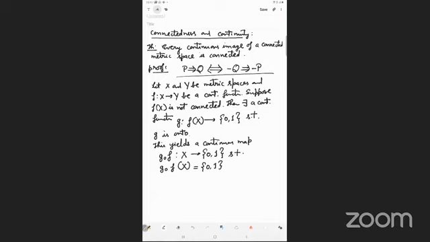Here we have taken f as a continuous function and g as a continuous function, so g∘f is a continuous function.